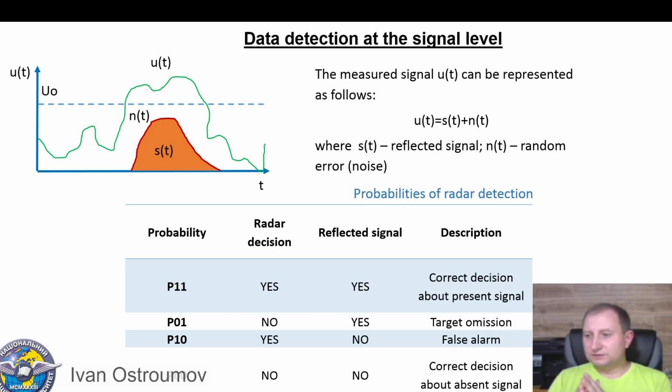However, we will consider signal detection in some kind of radar equipment. Radar is a specific device which we can use to detect location of some objects in the airspace.